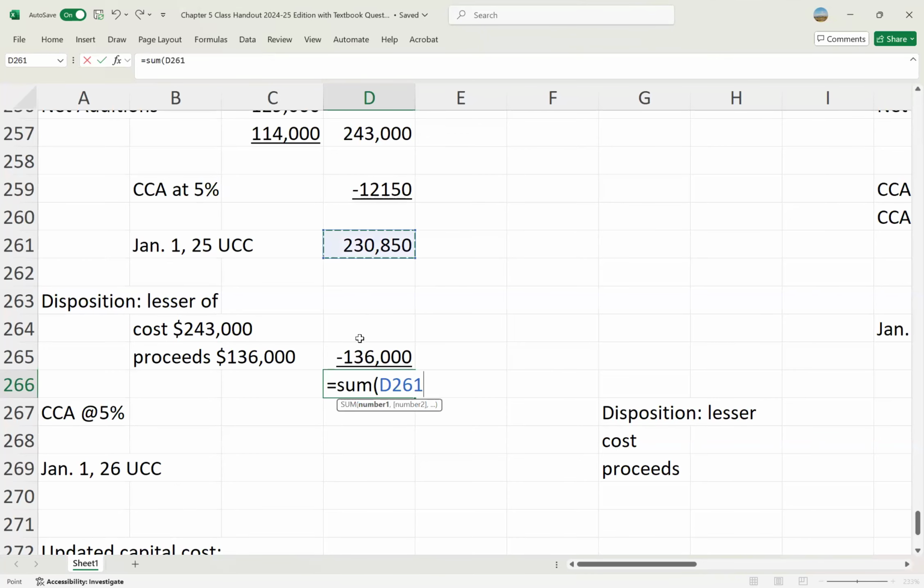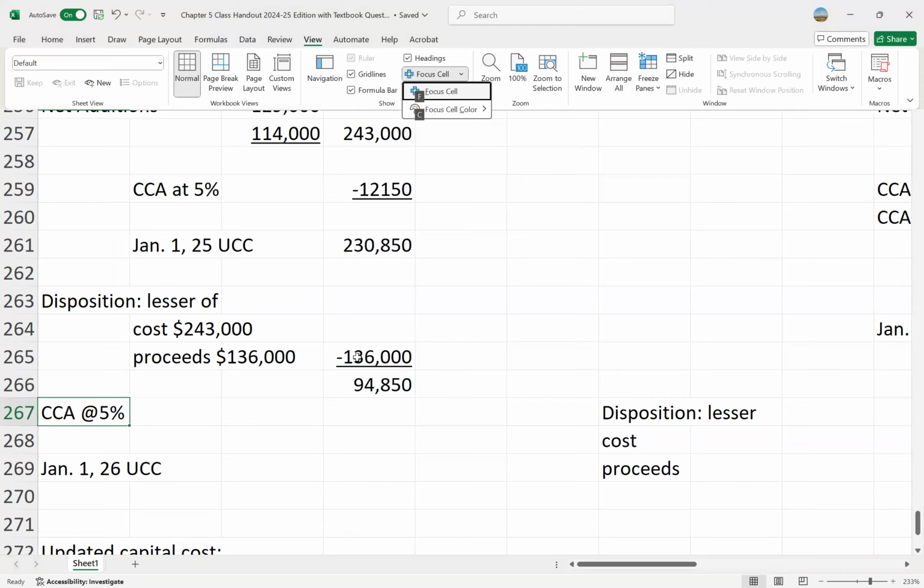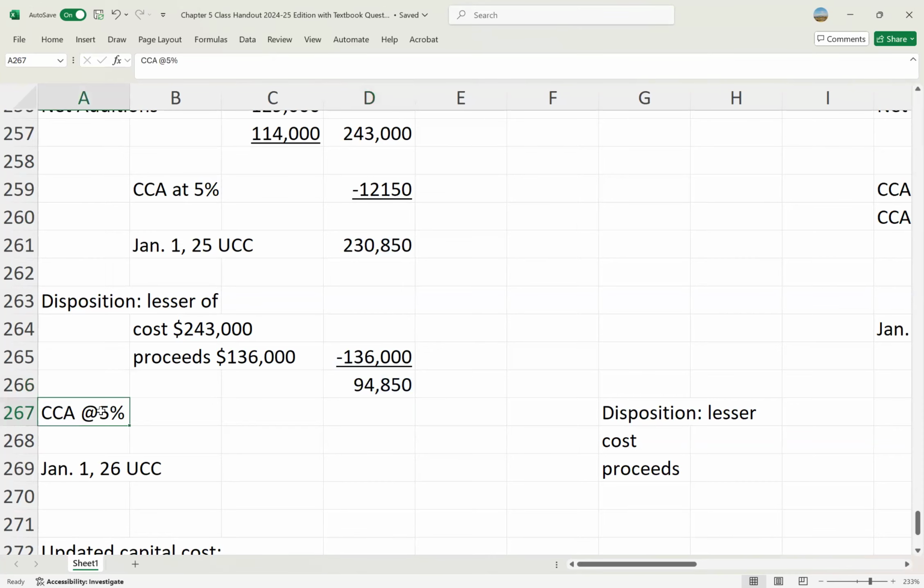And so the updated base amount after the sale is going to be 94,850. So the CCA then will be at 5% of 94,850. So that's going to be 4,743.